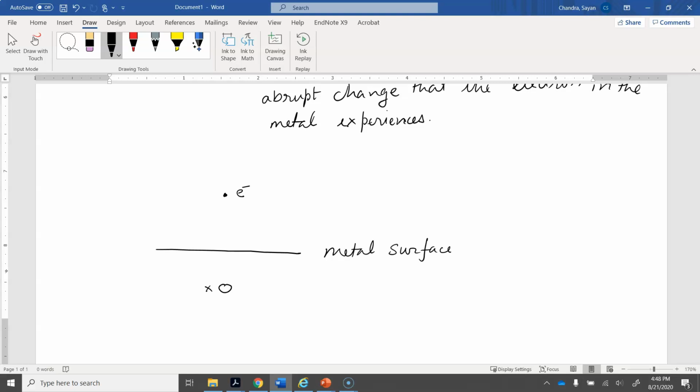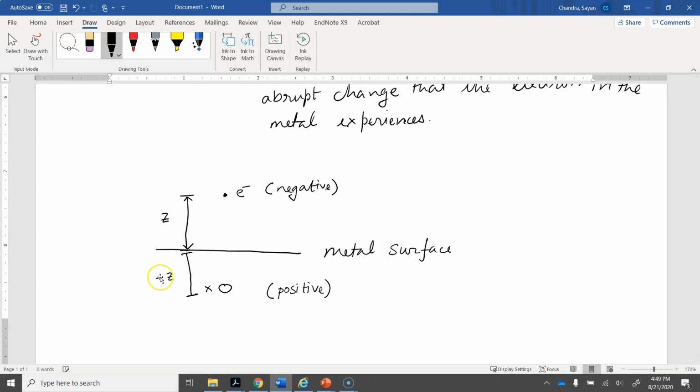When the electron leaves from a particular position, you can think of the loss of the electronic charge, which is negative, from the metal, as the gain of a positive charge in the metal itself. So now if you go by simple electrostatics, you have a negatively charged particle which is at a distance z from the surface of the metal. That means at a distance, let's say negative z, you have a positively charged entity, right?